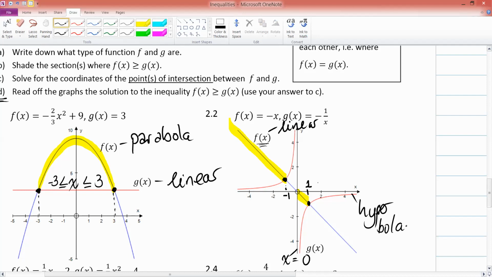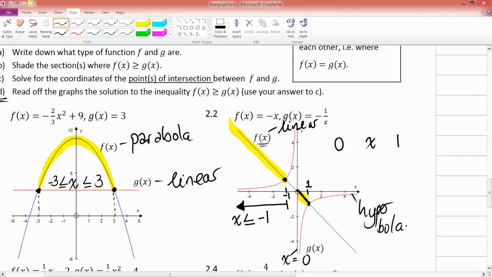Now the first portion, the highlighted part on the number line is everything going that way. So the answer for this portion is x is less than or equal to -1. Now for this portion here, it's going to be between 0 and 1.